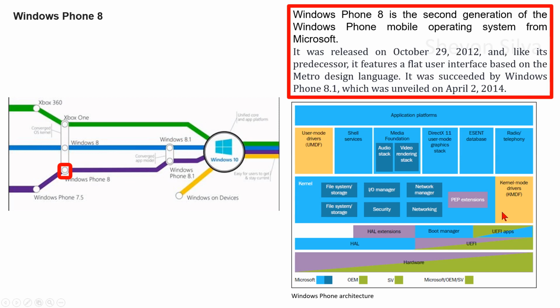The KMDF also provides support for human interface device, HID, class drivers, and the kernel mode security reference monitor that makes sure that any action taking place on the OS is not violating system policy. The security reference monitor provides routines to work with access control lists, ACL.